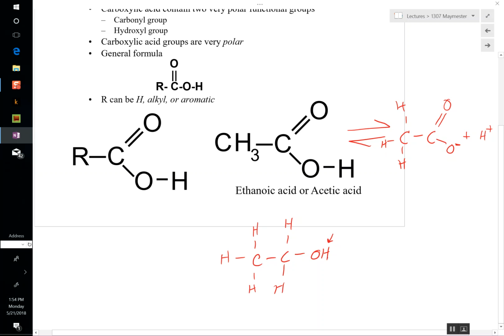Why? Because that hydrogen is not a dissociatable hydrogen. It doesn't come off of the oxygen. But when you get a hydrogen over here and all this oxygen here, you get a situation where this can be teased off by the water, and you'll form the negative ion and the hydrogen ion, and that's what makes it acidic.